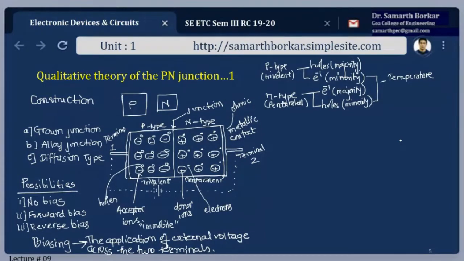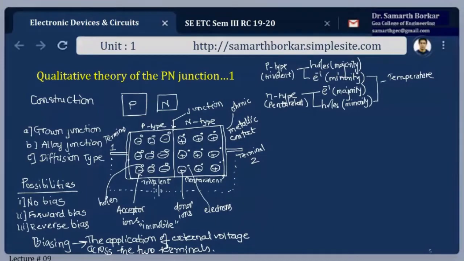The concentration of holes is higher on the p side, because of which we have the concentration gradient. Similarly, the concentration gradient is also observed on the right hand side, because the number of electrons here is more and they will diffuse into the p-type region.